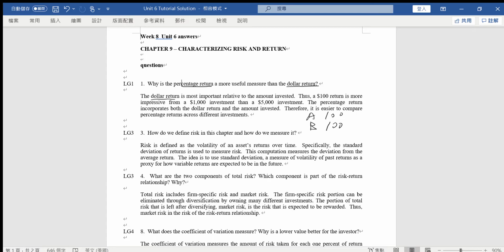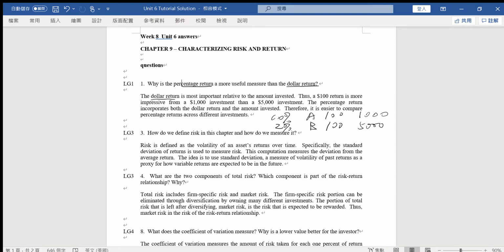Assume that you invest $1,000 in A, but for B you invest $5,000. Although they give you the same dollar return of $100, if you convert it into percentage, for A it is 10%, but for B it is just 2% only.